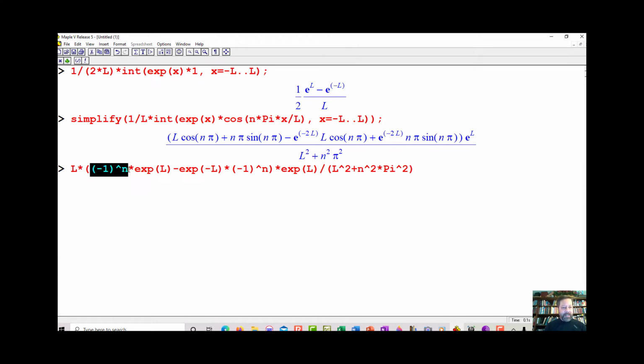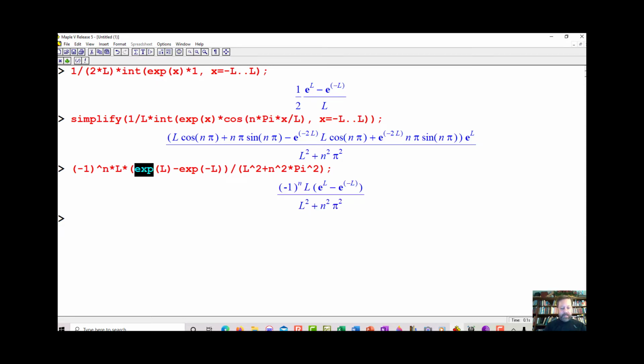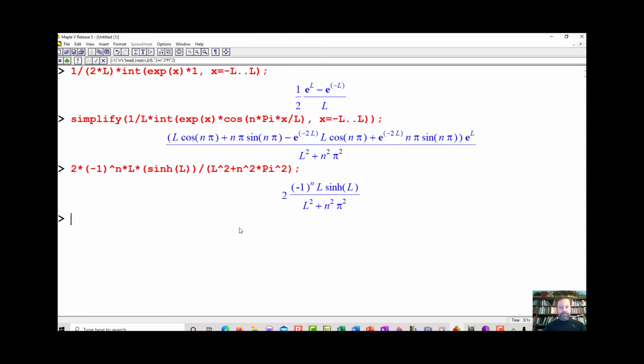You can see now we can factor -1 to the n out. And we already distributed this e to the L. And this gives us exactly what we had before, except we haven't replaced this with a hyperbolic sine yet. So let's call this sinh. And the compensation we must pay is 2 times. There. Those are the simplified coefficients.